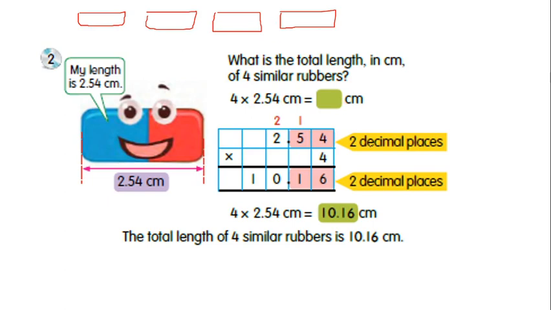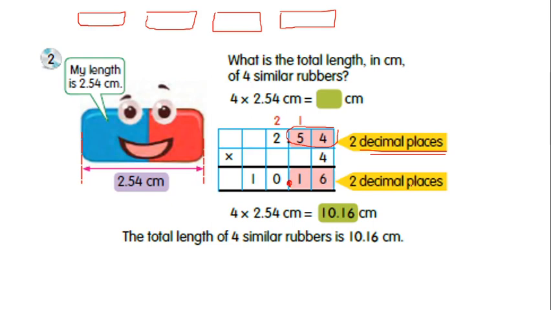Right. So the question involves 2 decimal places, 2 tempat perpuluhan. Okay, you arrange the number like this one as the whole number, seperti macam nombor bulat. Okay, you multiply as usual and you will get 10.16. So this one has 2 decimal places, so the answer also 2 decimal places.